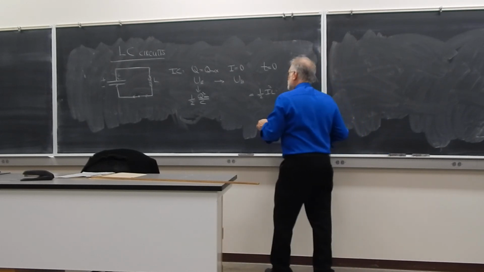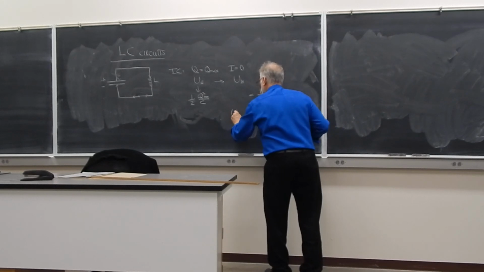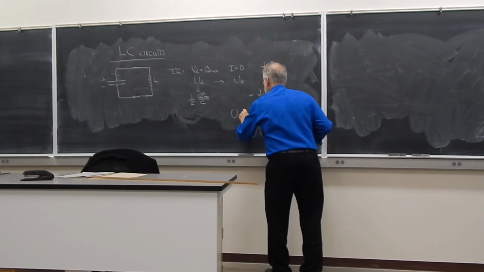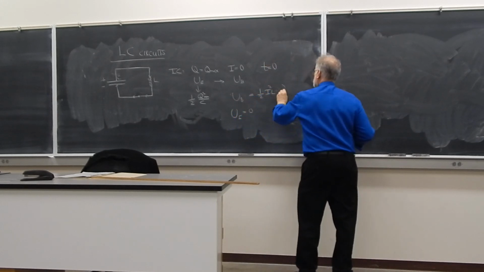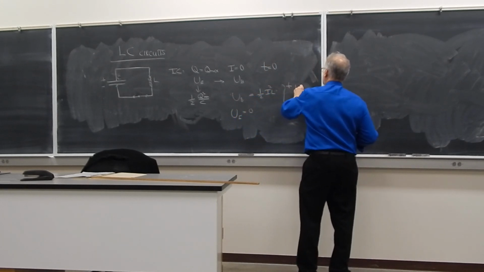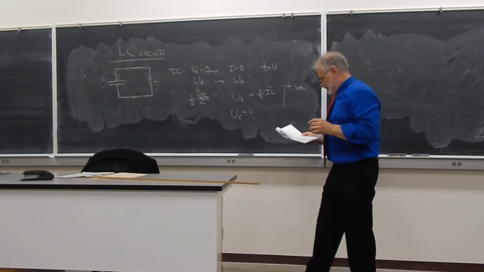At this point, the capacitor will be fully discharged, and all of the energy will be in the inductor. So this is at some time, we'll call it t later for now. We'll figure out what that is.